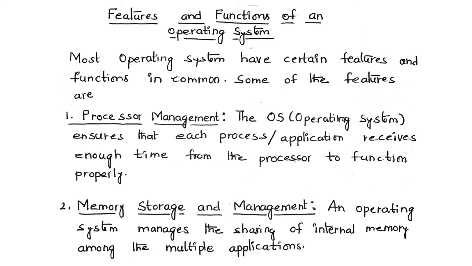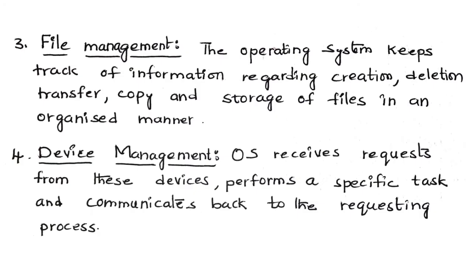That is, an operating system has to make efficient utilization of different types of memory like RAM, cache memory, etc. within the system, so as to ensure proper execution of every process.